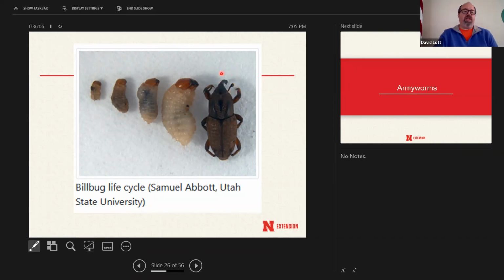There are these brown guys with the brownish black stripes, and the thorax has some black on it. And then you have that snout that's really easy to identify. That is a billbug. It's only about 1/4 of an inch, so not very big. So that's good to know about that critter.